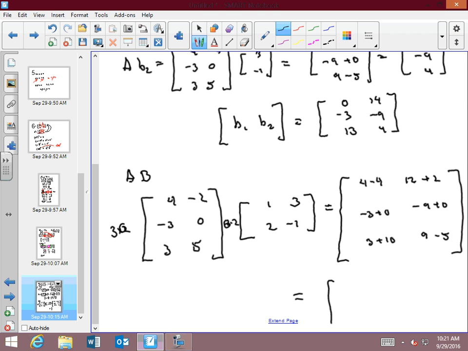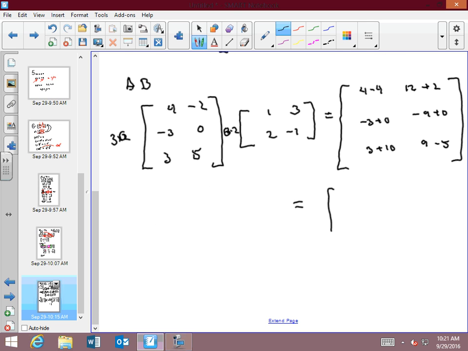So what I have, 4 minus 4 is 0. 12 plus 2 is 14. Minus 3 and 0 is a minus 3. Minus 9 and 0 is a minus 9. 3, 10 is 13. And this is 4. Now it should be the same, right?